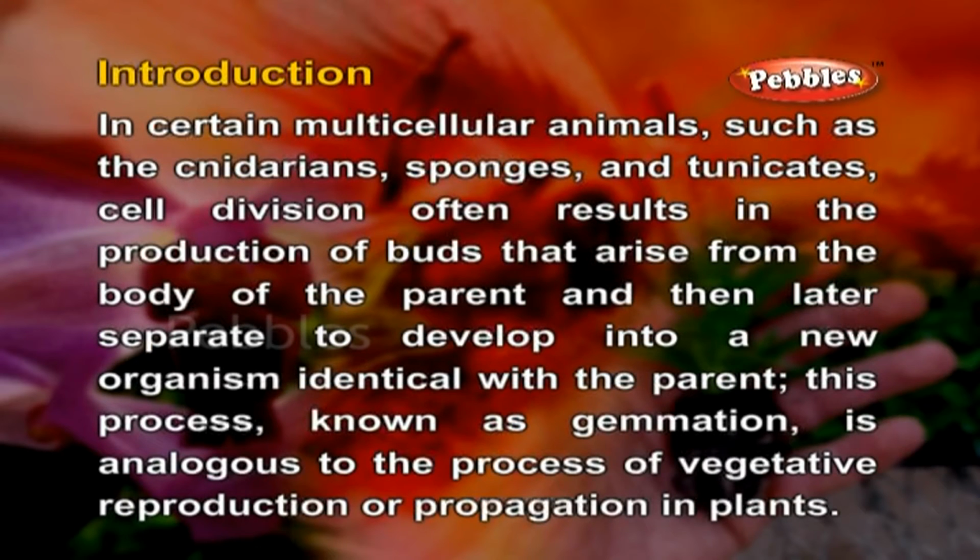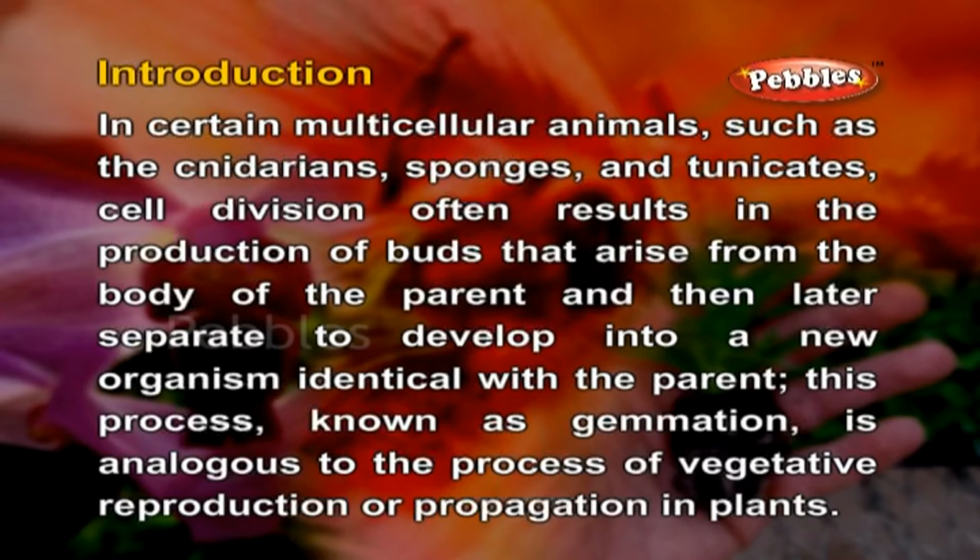In certain multicellular animals such as the cnidarians, sponges, and tunicates, cell division often results in the production of buds that arise from the body of the parent and then later separate to develop into a new organism identical with the parent.